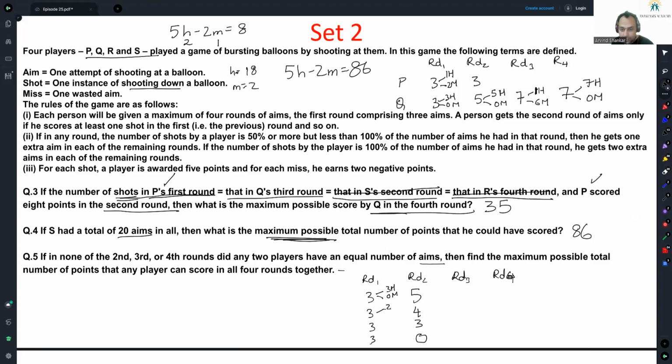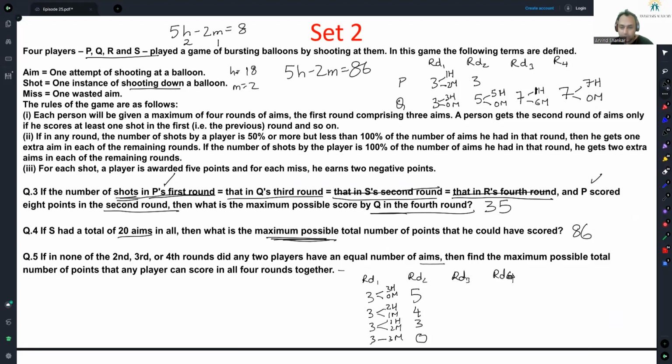This person here had 2 hits and 1 miss. This person here had 1 hit and 2 misses. And this person here had 3 misses alone. So all of them have different number of aims available to them in round 2.